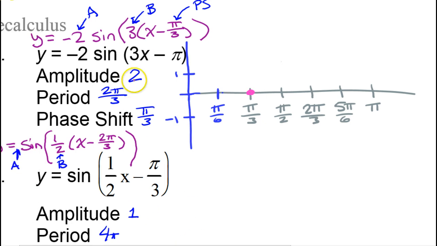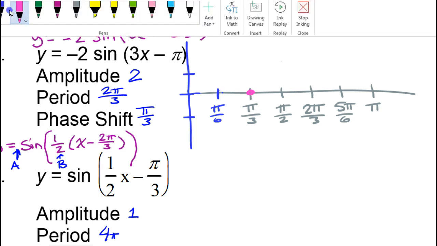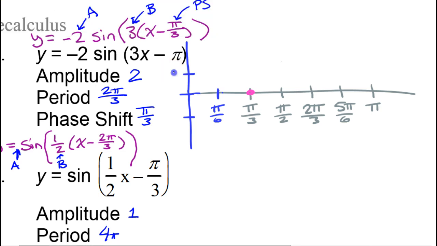The amplitude is 2. So the highs and lows will not be at 1 and -1. They will be at 2 and -2. So I'm not actually going to change anything except for the number. Why do more work than I have to? So I'm just going to call this 2, and I'm going to call this -2.